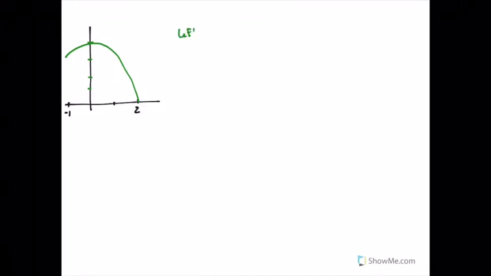All right, we're going to redo this example now with left endpoints. So we'll redraw the function. We're going from -1 to 2. And we'll draw this function again. All right, so if we're using the left endpoints and we still have 3 rectangles, we're going to say n is equal to 3.